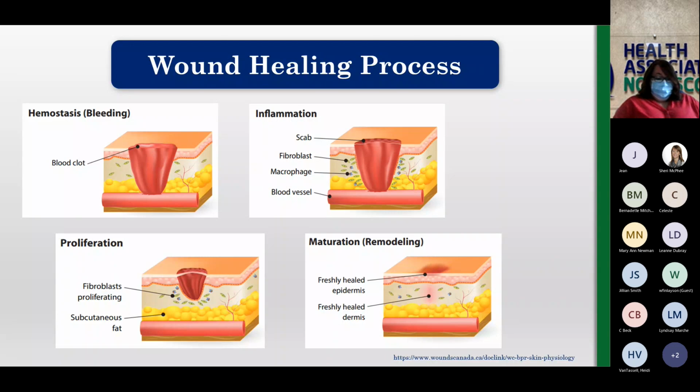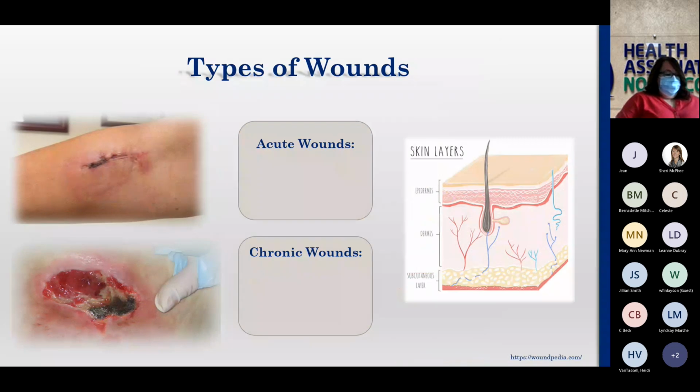Remodeling occurs as the wound continues to contract and fibers are being reorganized. Remodeling can continue for 3 weeks up to as long as 2 years. So although the stages of wound healing are linear, wounds can progress backwards and forwards depending on internal and external conditions. Okay.